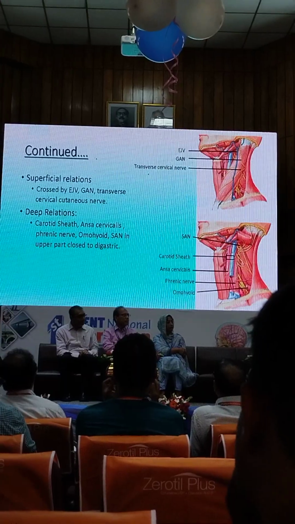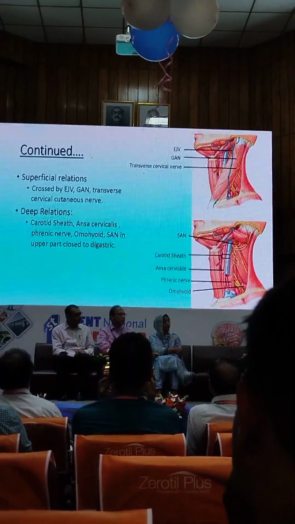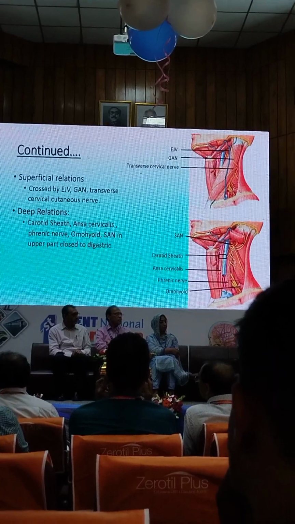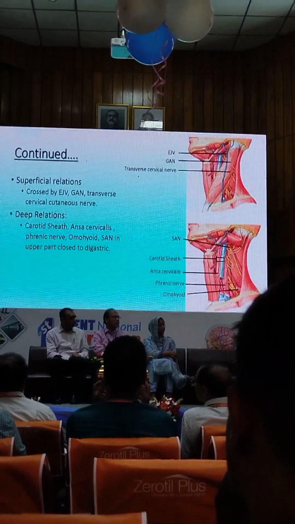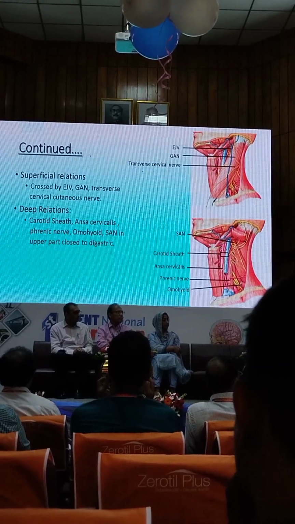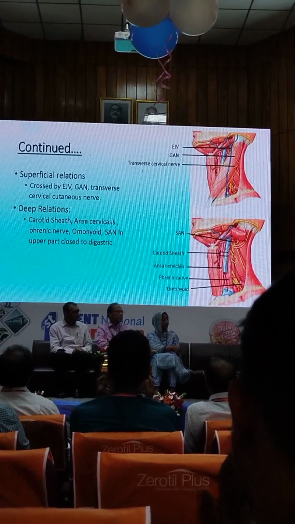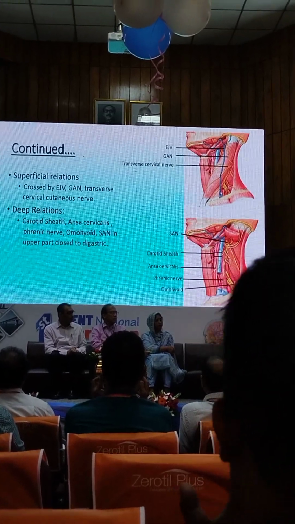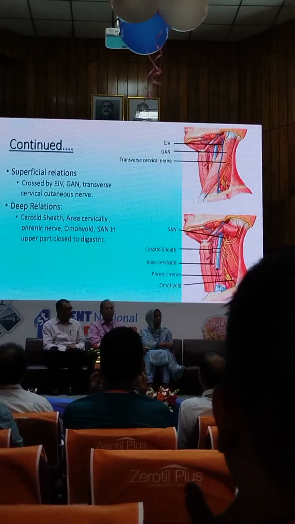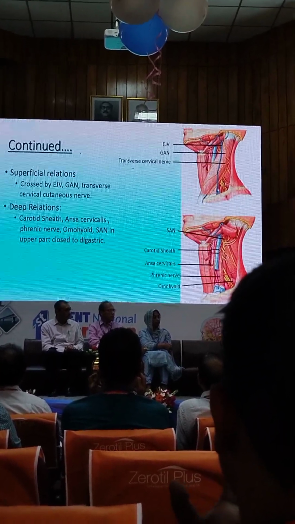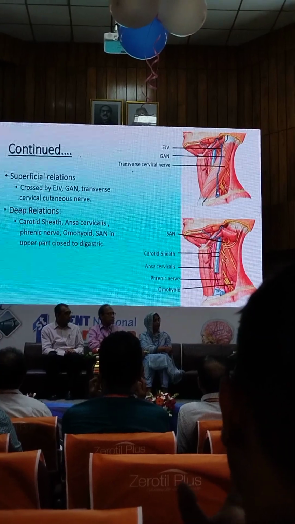This picture shows that the superficial surface of the sternocleidomastoid muscle is crossed by the external jugular vein, great auricular nerve, and transverse cervical nerve, and the deep surface is related to the carotid sheath, ansa cervicalis, phrenic nerve, omohyoid muscle, and the spinal accessory nerve in its upper part close to the digastric muscle.